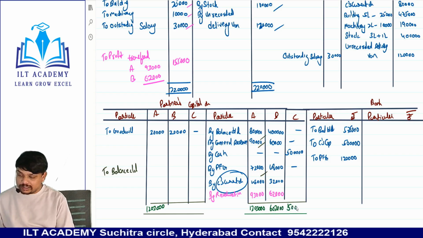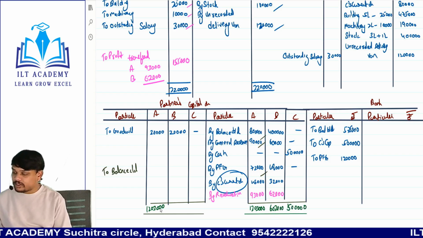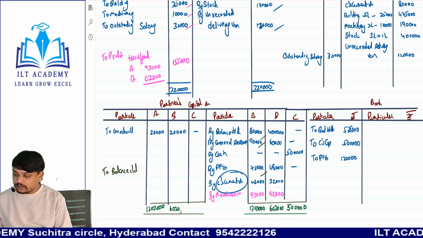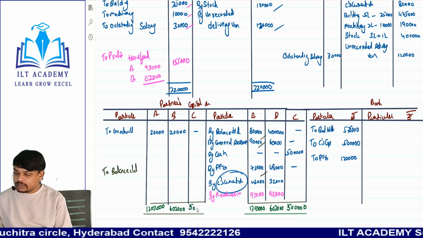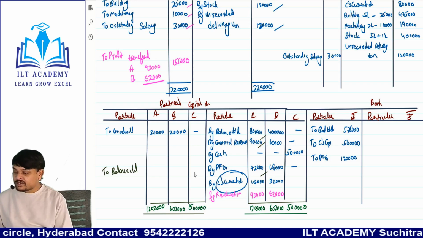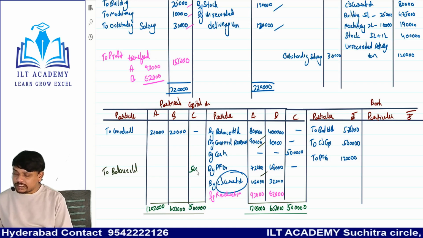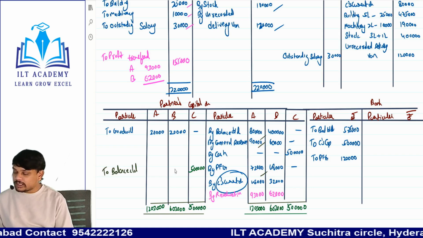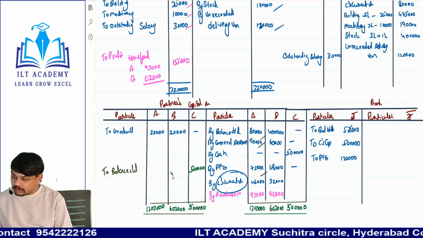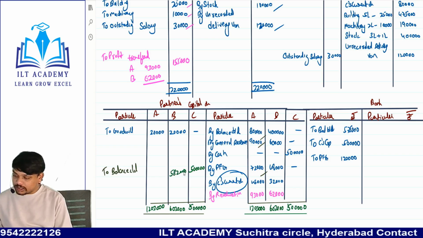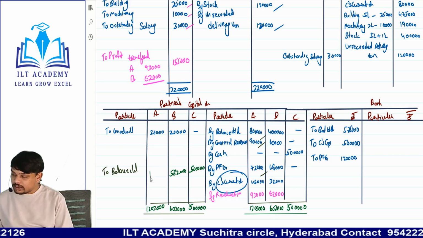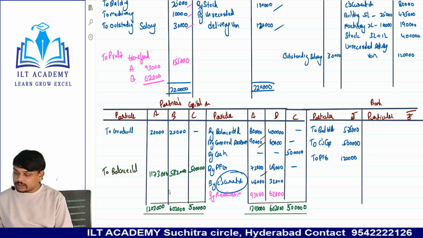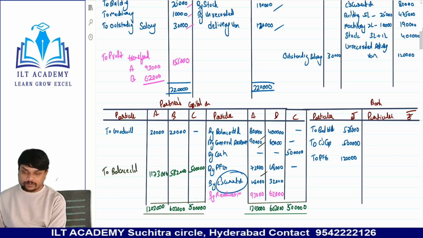This is 5 lakhs. 5 lakhs minus nothing. Minus 20,000, 5 lakh 82,000. 12 minus 30, 7 lakh 73,000, and this will be taken on the other side.